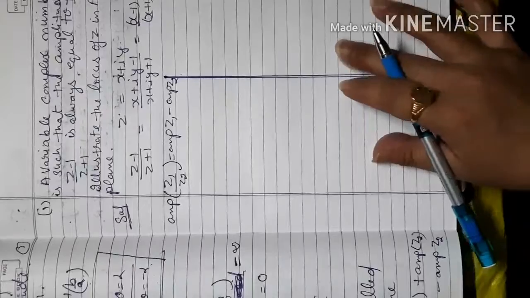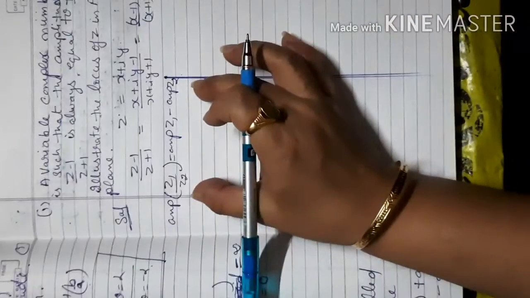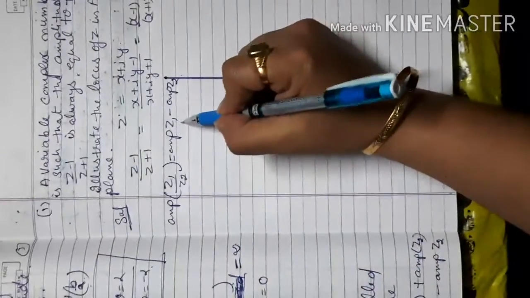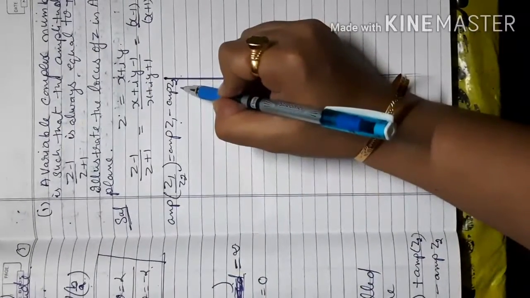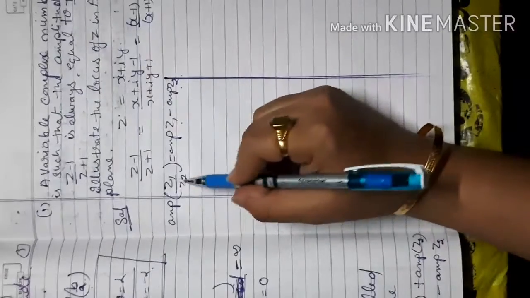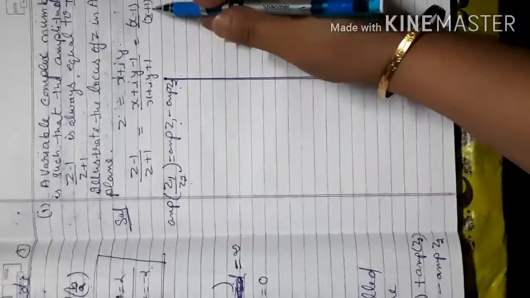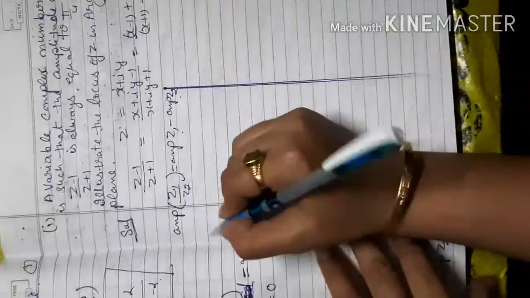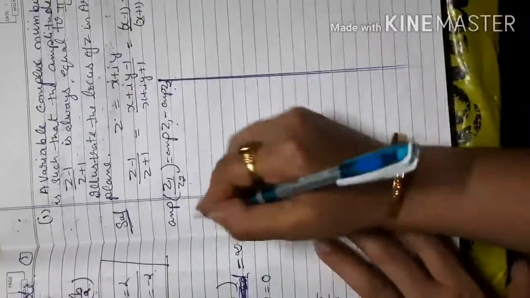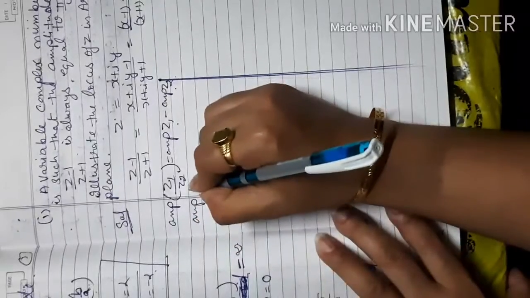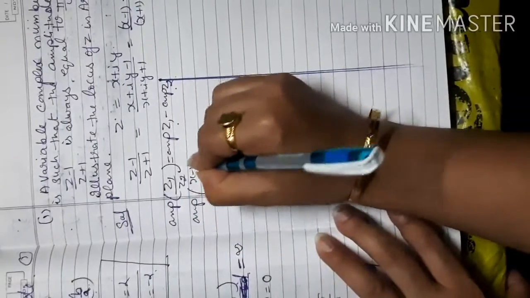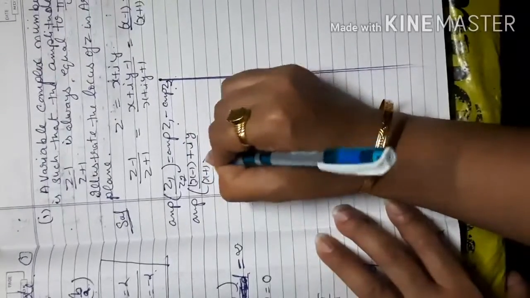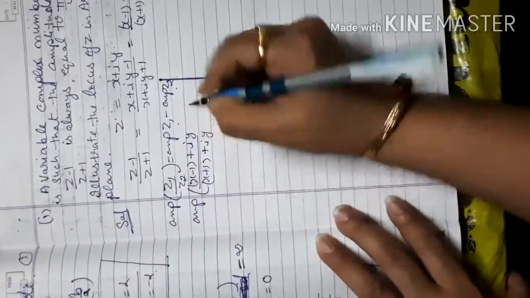If z1 and z2 are there, I can easily write it in this form, z1 by z2. When I apply it here, first I write amplitude of (x minus 1 plus iy) upon (x plus 1 plus iy).